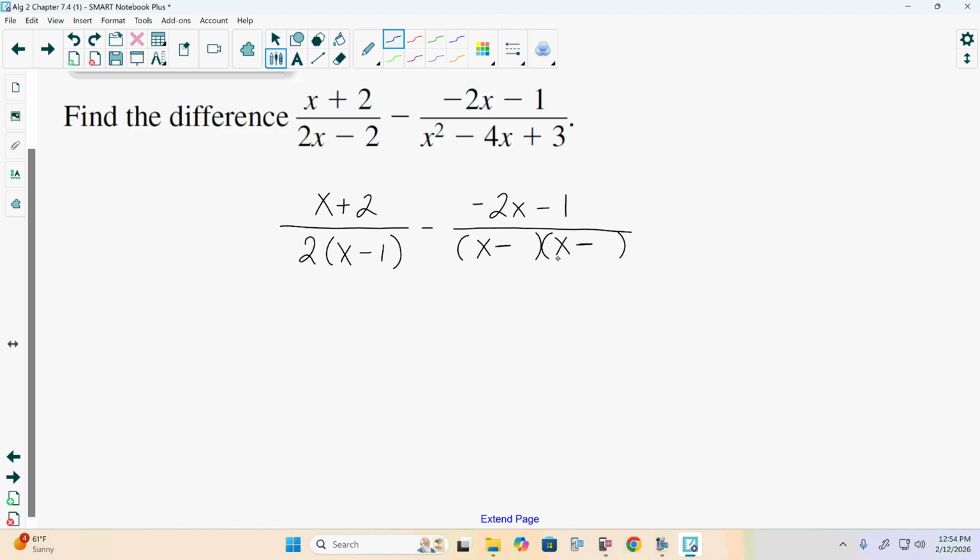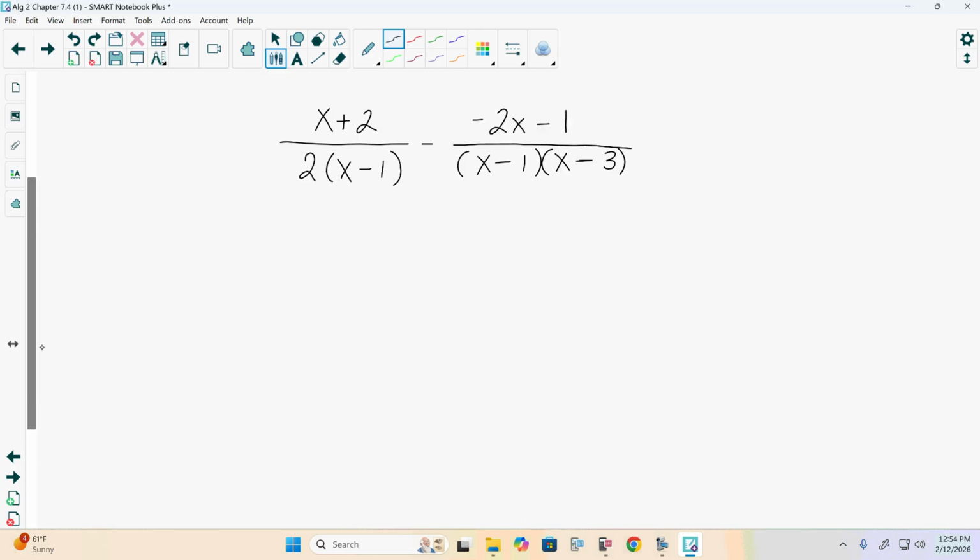And our factors of 3, well, 1 and 3 are the only ones we have. Even if we did have multiple sets of factors, just like with simplifying our rational expressions or when we were multiplying, we can use the other factors on bottom to figure out what the factors are going to be.